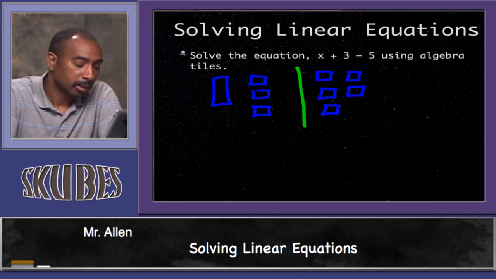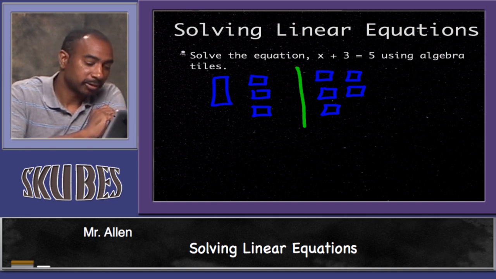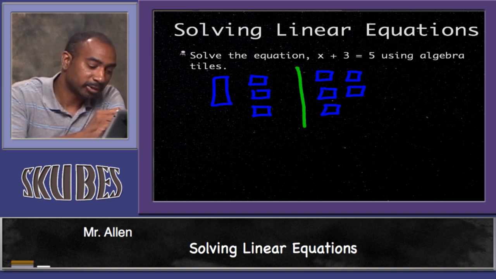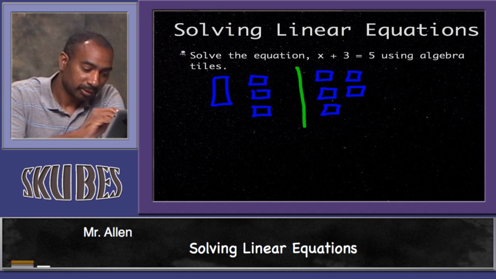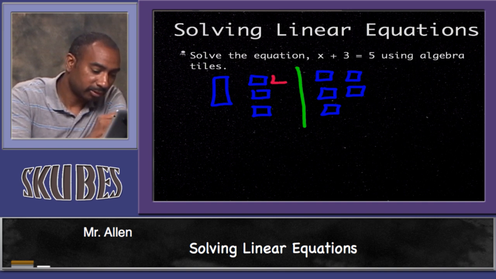All right. And what I want to do is isolate the x term. In order to do that, I have to make zero pairs out of what's added to the x. So I have 3 ones added to the x. So what I need is 3 of the negative ones.